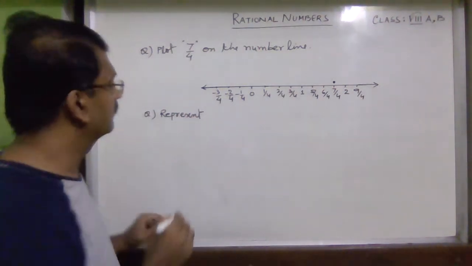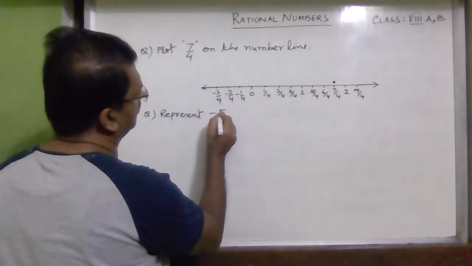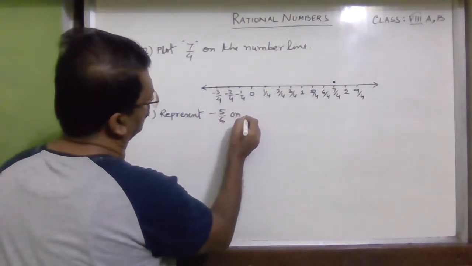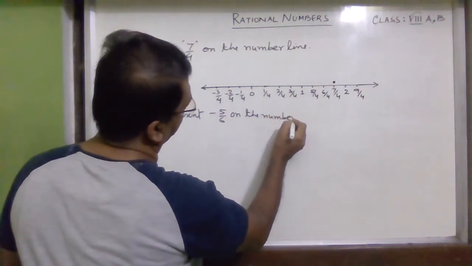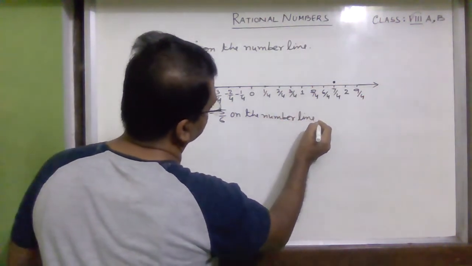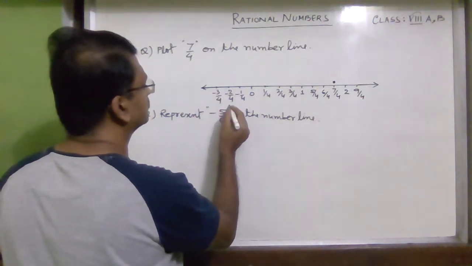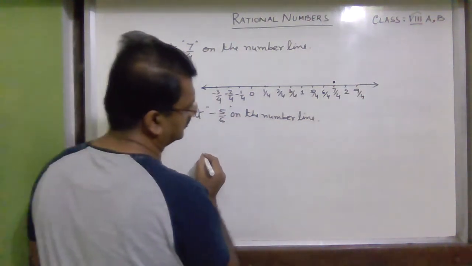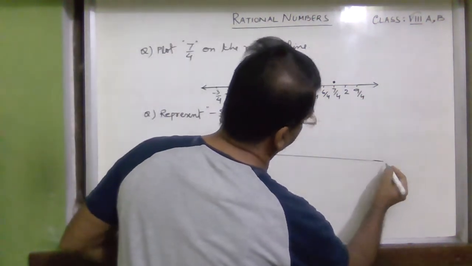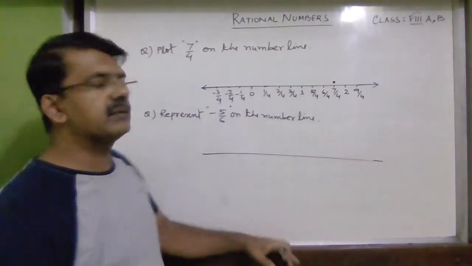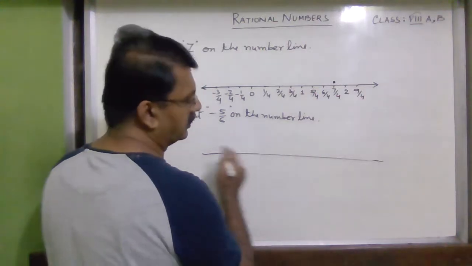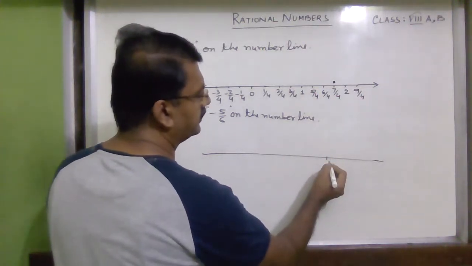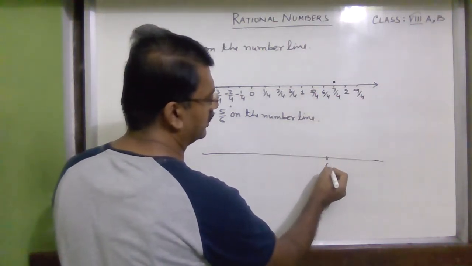The next question: represent minus 5 by 6 on the number line. Once again, you draw a straight line, and as the number is negative, so on the negative side we need more space, so you mark 0 here.